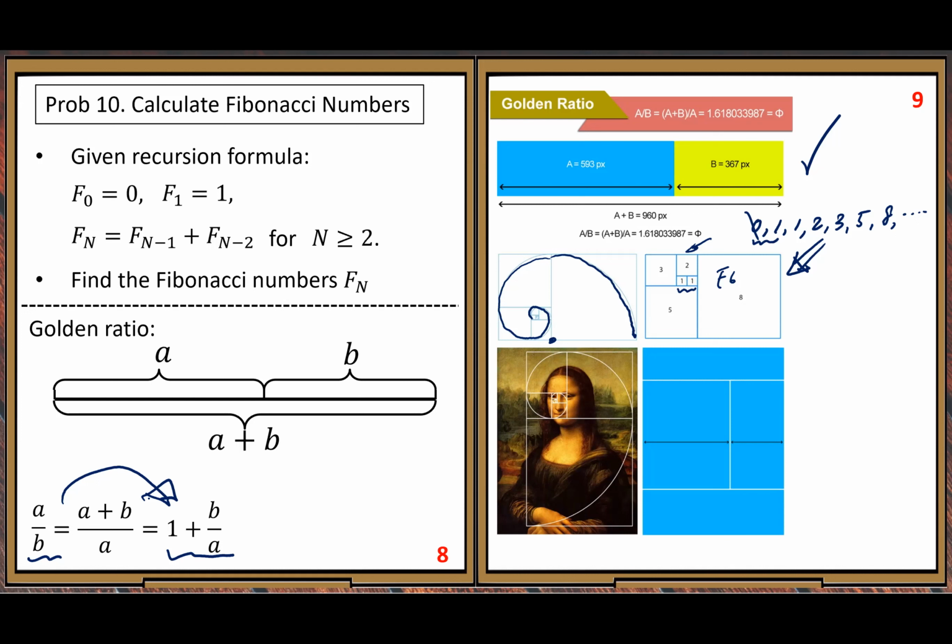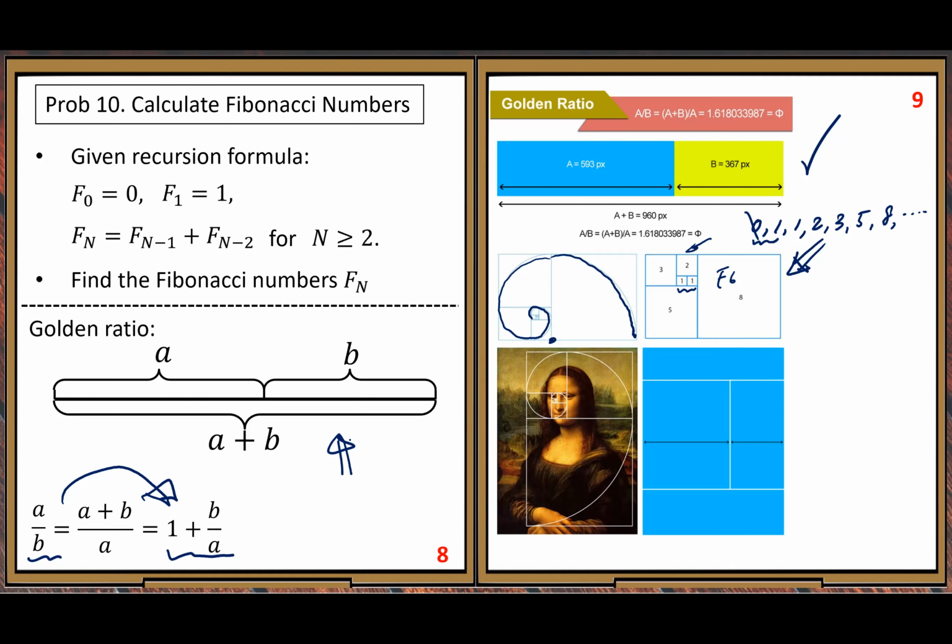But fortunately, from the figure here, the length of A and the length of B is actually not really important. The important part is the ratio of A over B. The ratio is important. The specific length is not quite important. For example, you can double A's length and at the same time also double B's length.